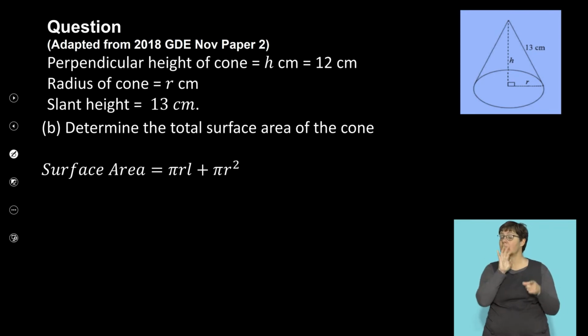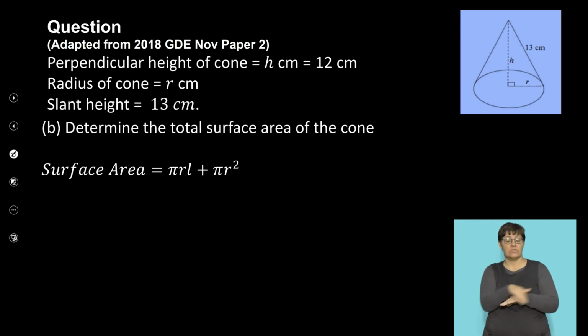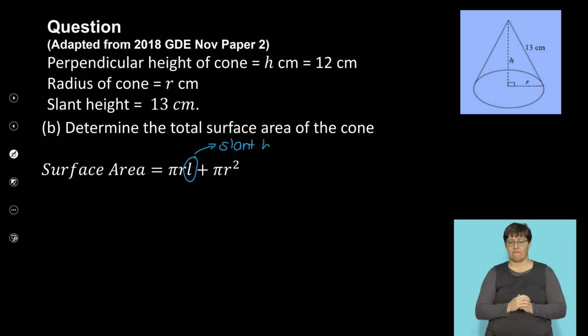So we now need to determine the total surface area of the cone. The surface area of the cone can be found by saying pi r times the length of the cone plus pi r squared. So please note that this length is referring to my slant height, which I do have.